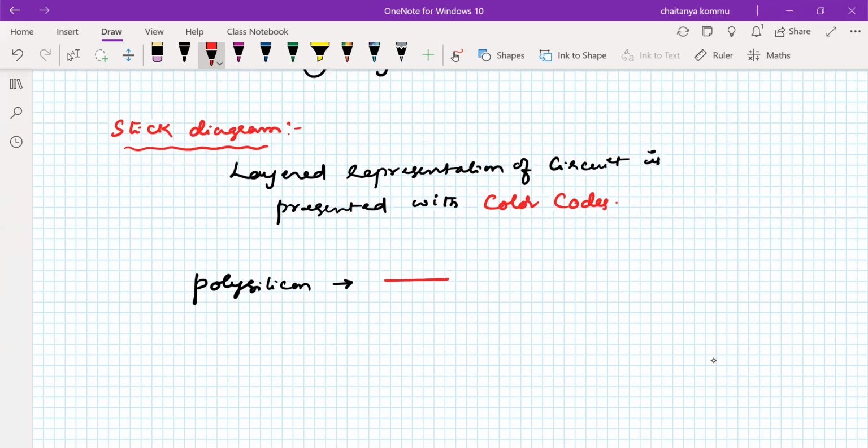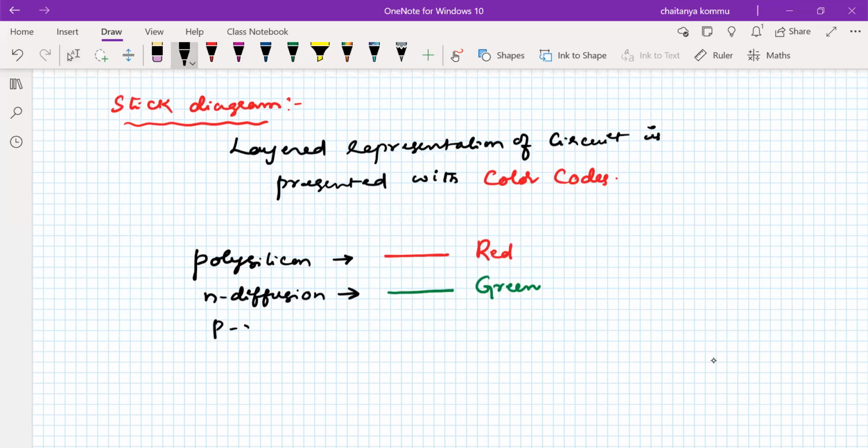So red color that we have to use for polysilicon. Similarly, for the N diffusion, I have to use green color. So green is the color that we have to use for N diffusion.